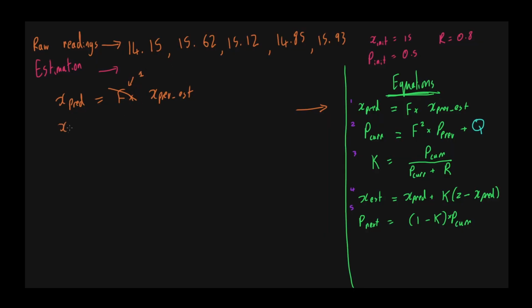All you get is X prediction equals X previous estimate. We don't need any F here because it's constant, so our current prediction equals our last estimate. Let's rub that out and do the calculation.